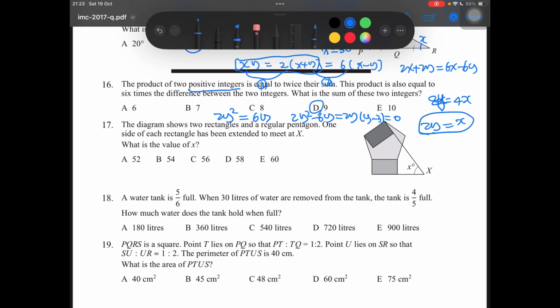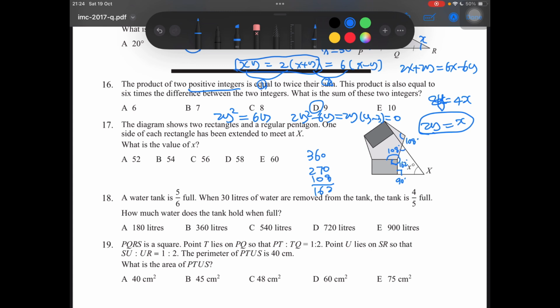Rectangle and regular pentagon meet at a point. What is the value of x? Okay, so the pentagon angle is 108, and we have this 90 and this 108, this is 90. So here 360, 270, 108, 162.